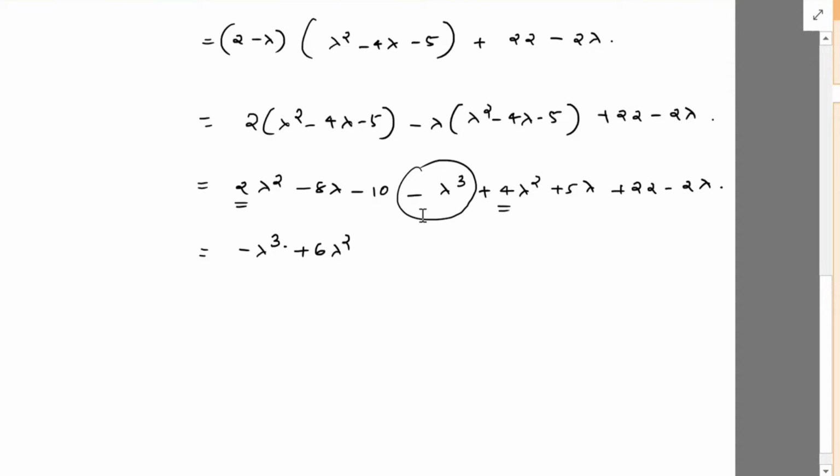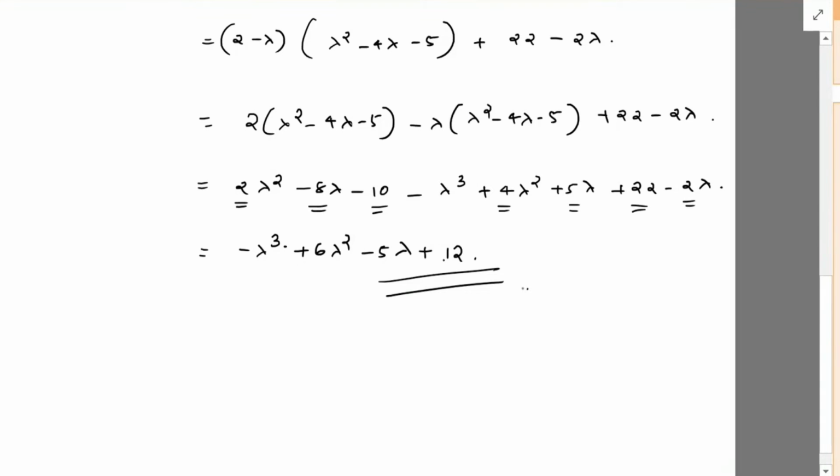Now add the coefficients of lambda, which will be minus 8 lambda plus 5 lambda minus 2 lambda. Minus 8 plus 5 is minus 3, minus 3 minus 2 is minus 5. Minus 5 lambda. Then add the constant terms, which will be minus 10 plus 22, that will be plus 12.